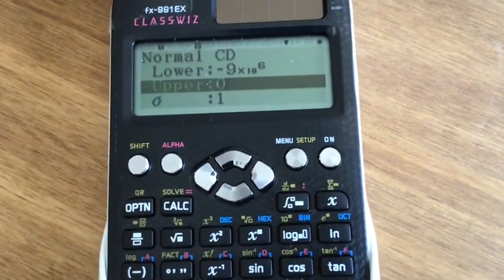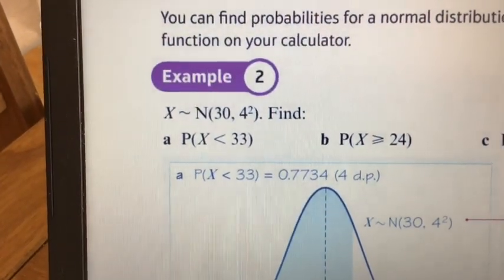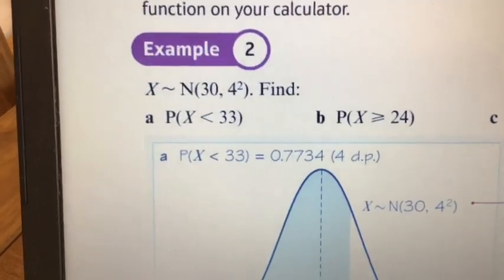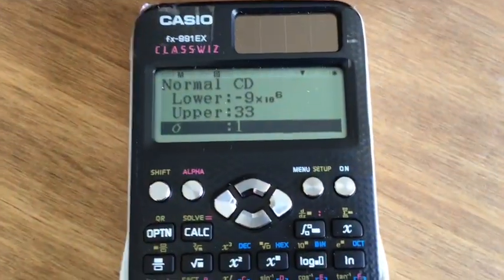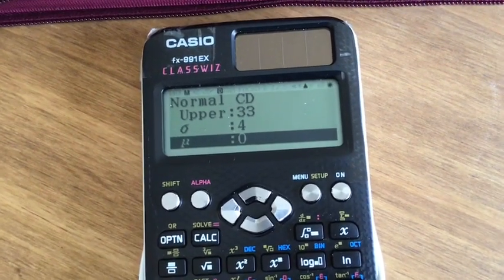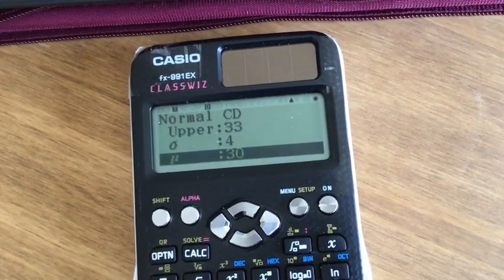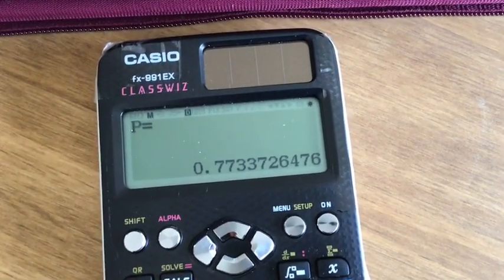And the upper bound we said was 33. Standard deviation, I said was 16 or 4. No, sorry, the variance was 4 squared or 16. So the standard deviation we're going to put in is 4. And then the mean, it said was 30. We're going to press equals, and we get 0.7734.